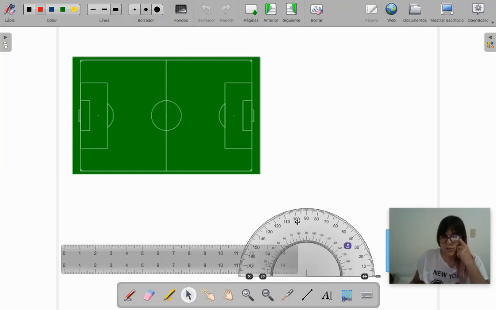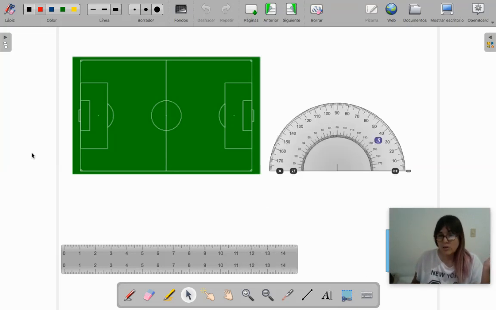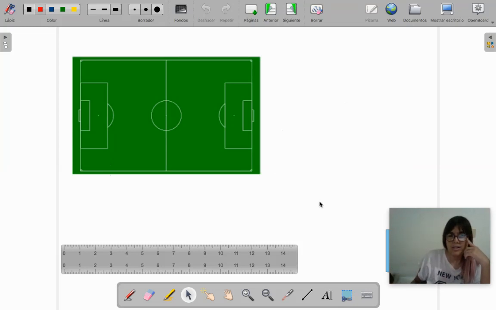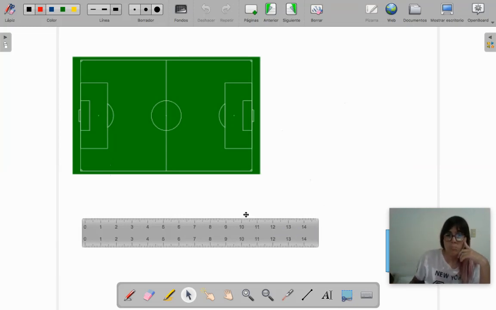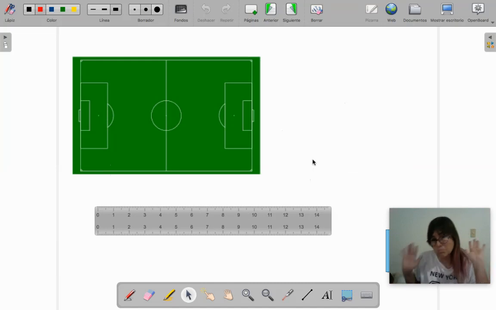You know we have used this, but this is for angles. And here we're not measuring the angle right now. If I want to measure from here to here, yes. But right now, bye-bye protractor. We don't need you, okay? Maybe we can use a ruler. I will leave it, maybe. Think about it.